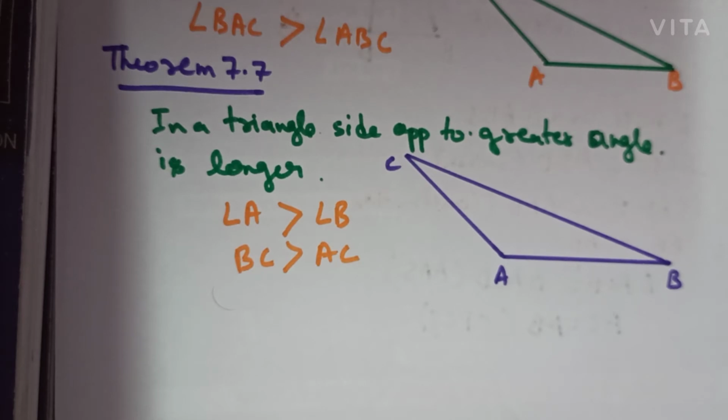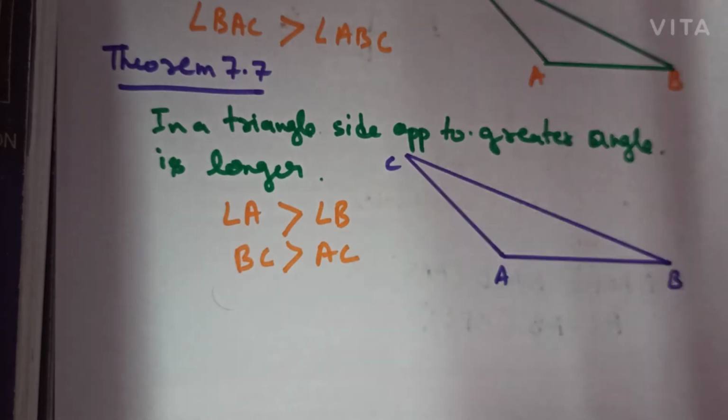That is, the sum of two sides is greater than the third side, the side opposite to the greater angle is greater, and the angle opposite to the greater side is greater. So these three theorems are combinedly called the inequalities of triangle.